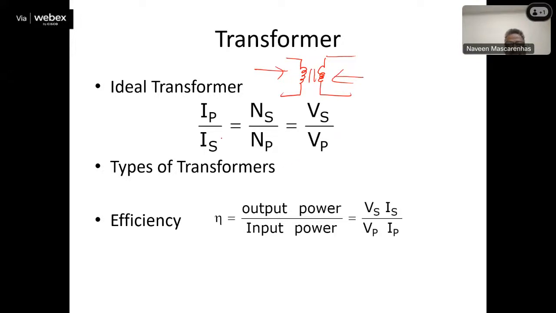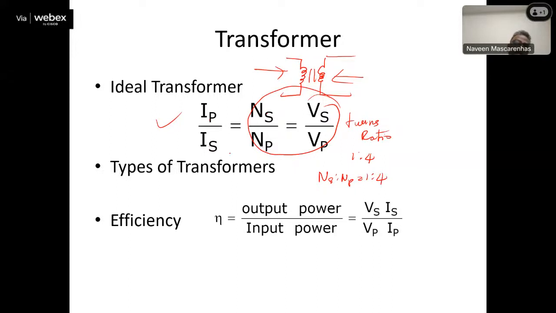So we have this equation for an ideal transformer, Ip by Is is equal to Vs by Vp is equal to Ns by Np. In fact, Ns by Np is equal to Vs by Vp, known as the turns ratio. If they say turns ratio is 1:4, you should understand that it's always Ns is to Np is 1:4.